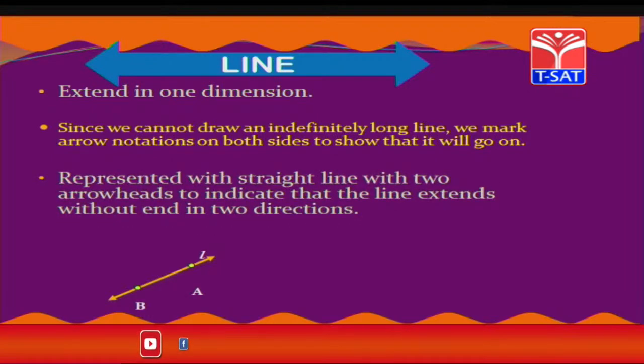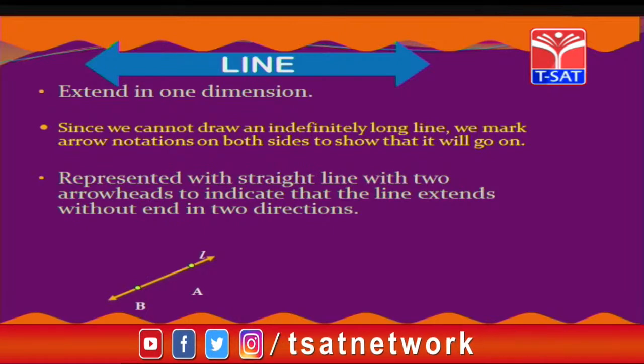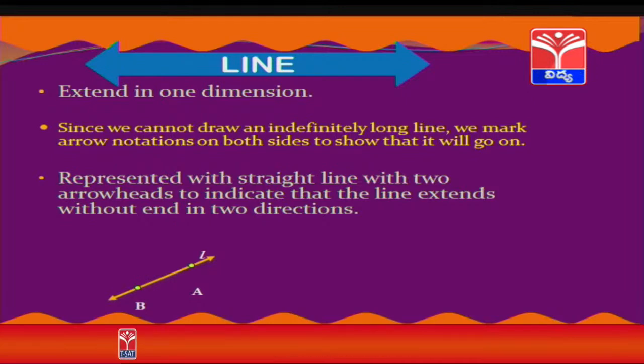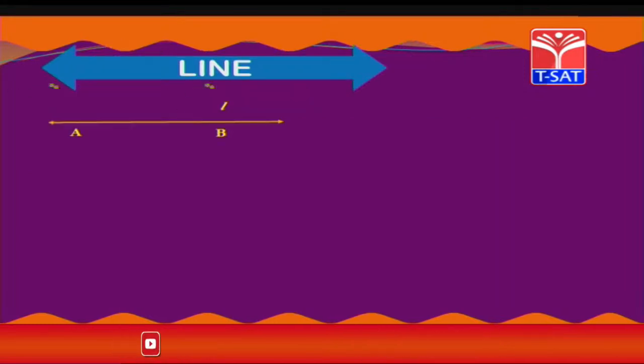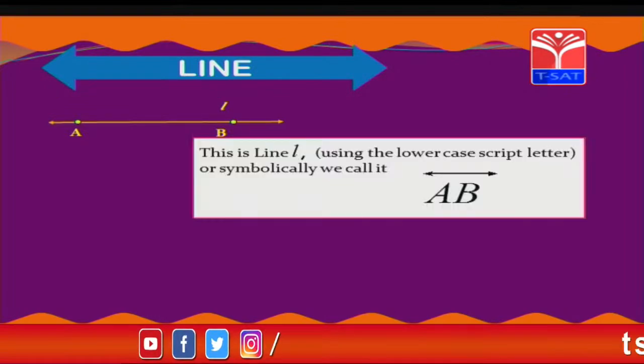Understand? It is represented with a straight line with two arrow heads to indicate that the line extends without end in two directions. Understand? This is the line, and the 2 points A, B are on the line.